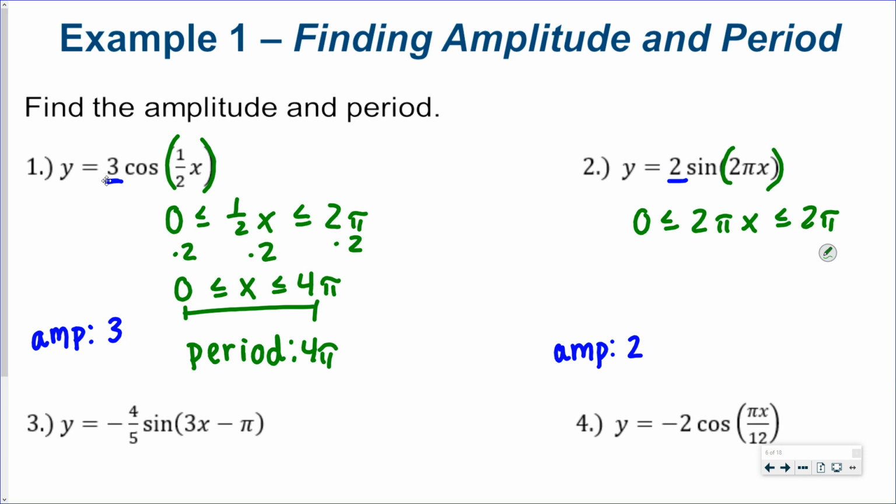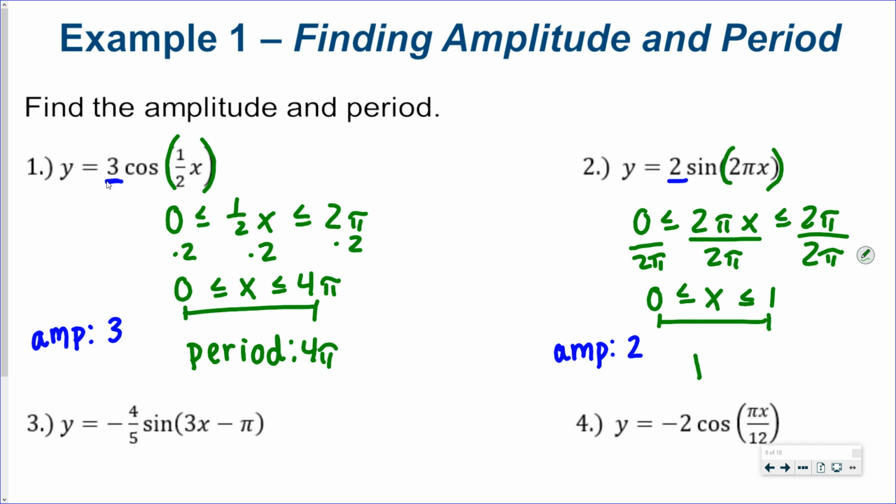Now, to solve this for x, we want to divide everything by 2 pi. So now this new function is going to start at 0 and it's going to end at 1. That's okay. What's that length? 1. That's your period.